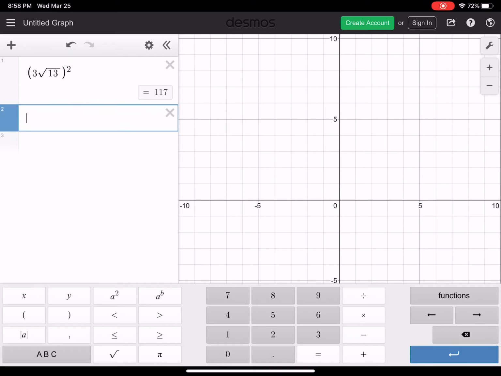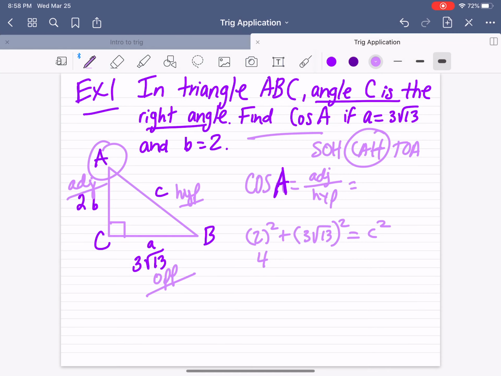And we get 117. So 4 plus 117 is 121. To solve for C, you take the square root of both sides, and C equals 11. So side C is 11.